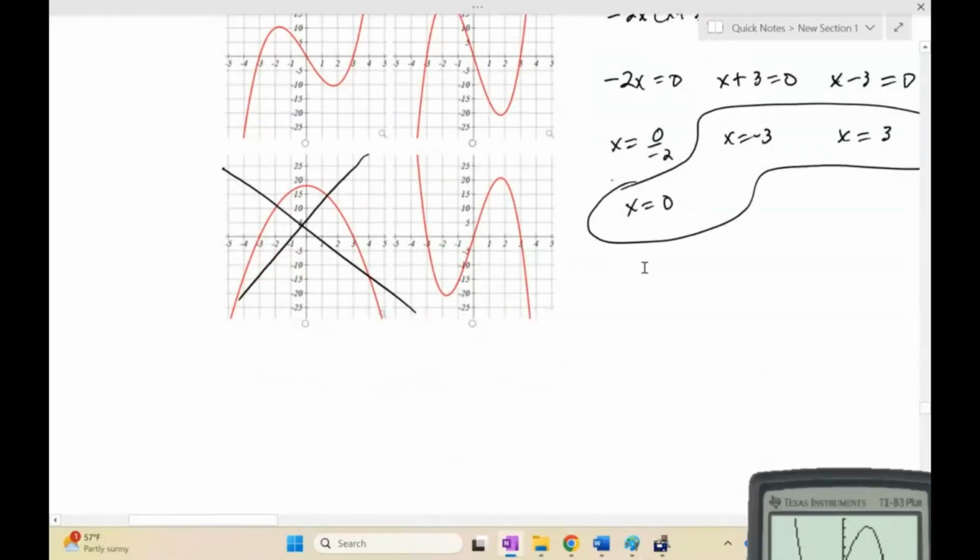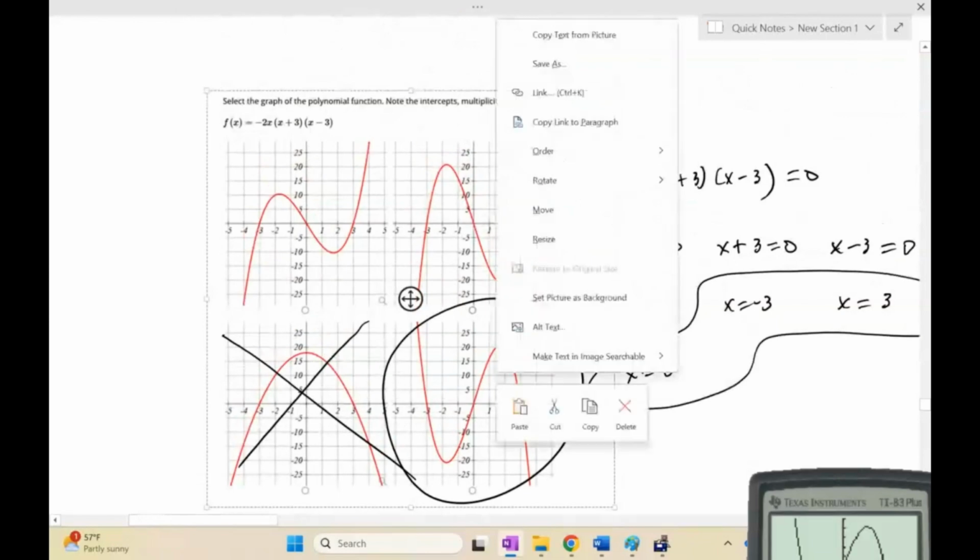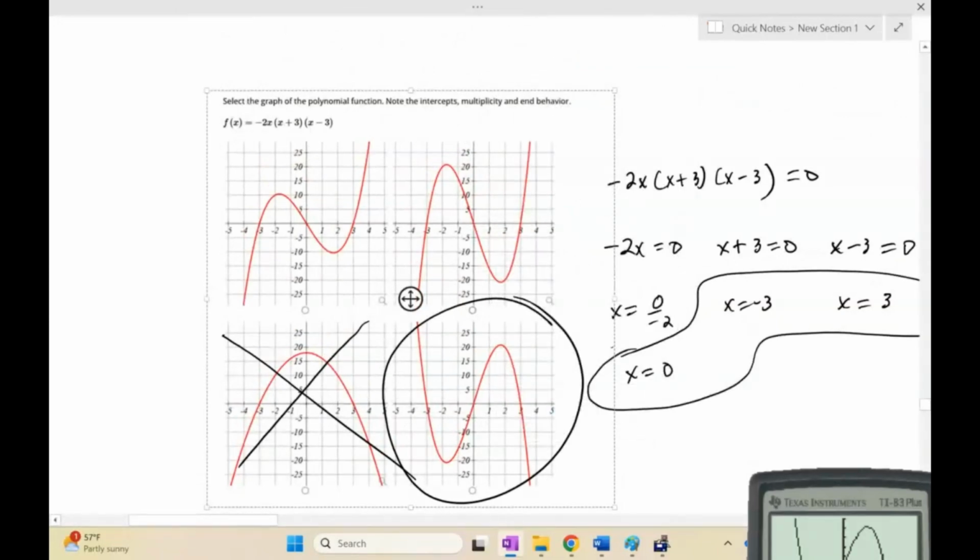But I would not want you to do that on the test. I would just prefer you to put it in the calculator and match it up to the answer choices. All right, any questions about this one?